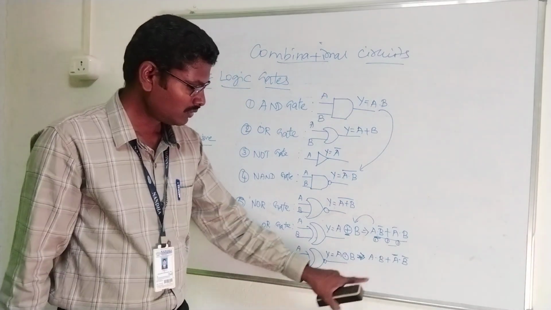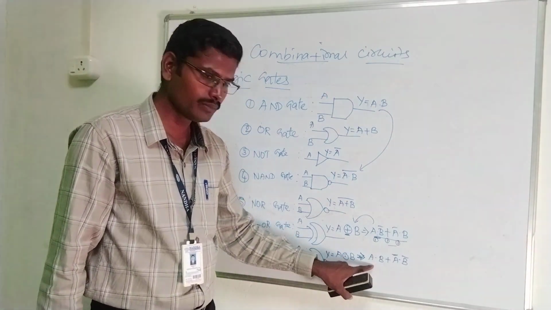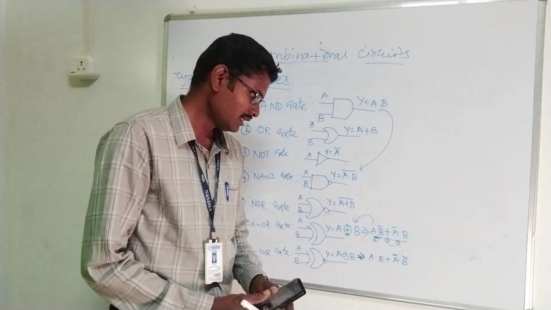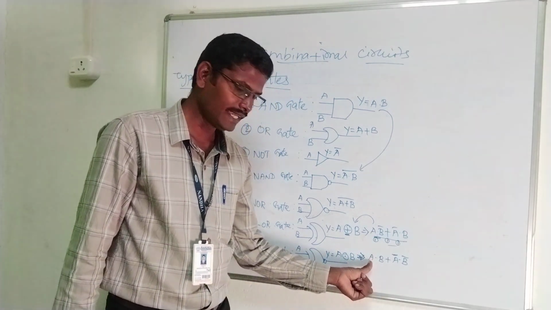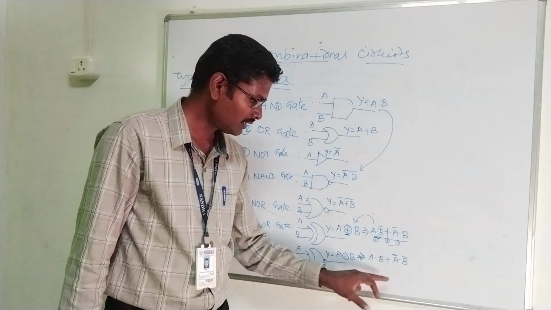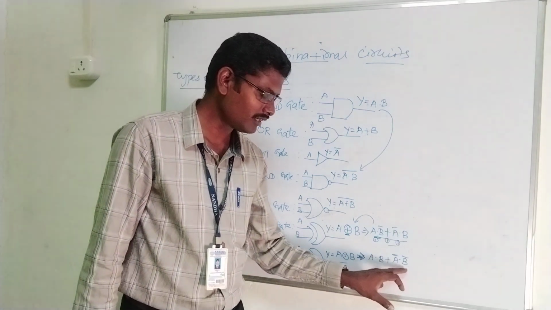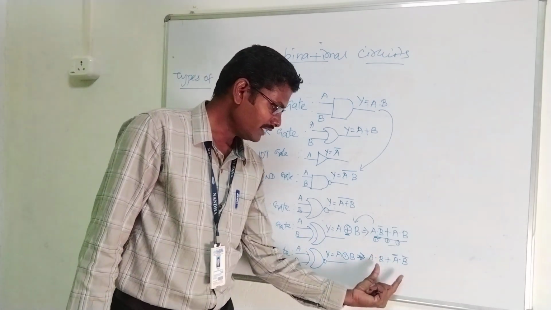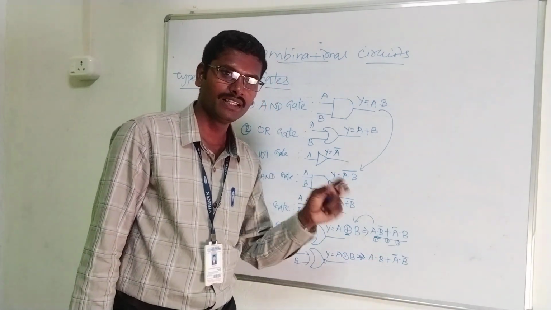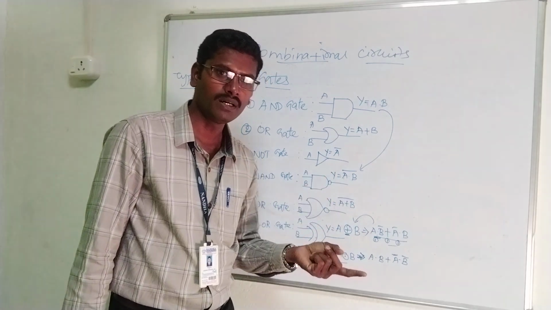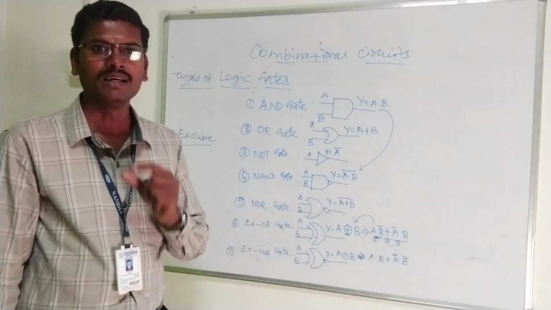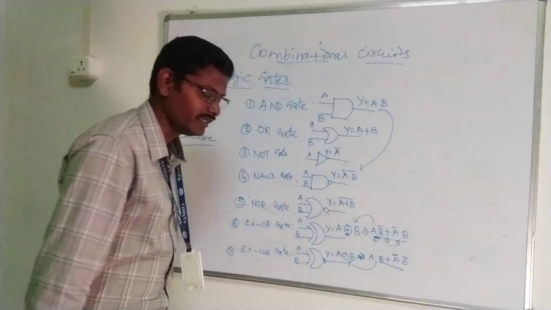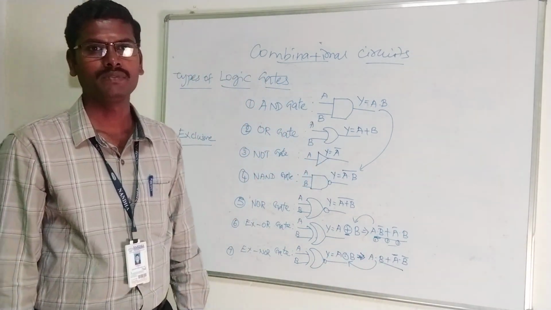So you have two product terms: one where both variables A and B are in uncomplemented form, and another, A bar dot B bar, where both are in complemented form. If we get an expression like this, it can be written as A XNOR B, right?